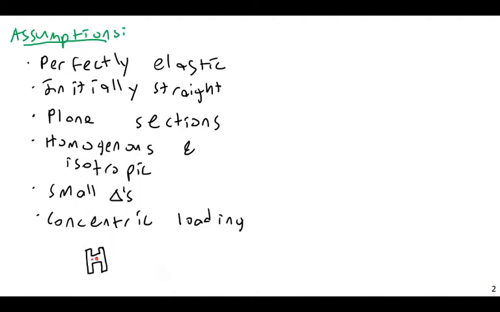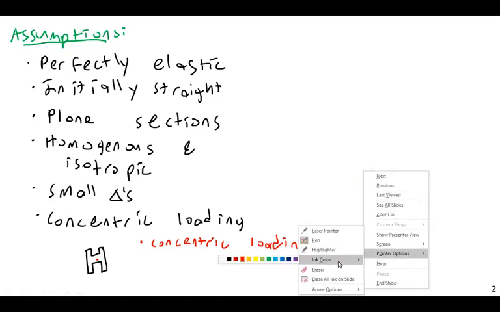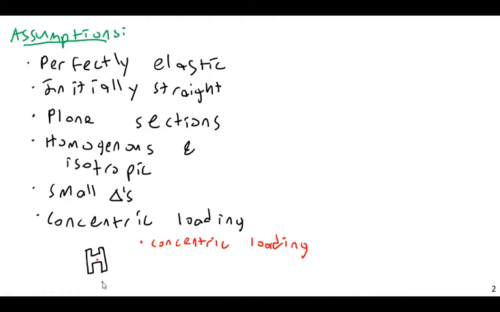So if I apply a point load into the page here, this would be concentric loading. But if the centroid of the load was off center a bit, if I put the load somewhere over here, or somewhere over here, this would be eccentric loading.